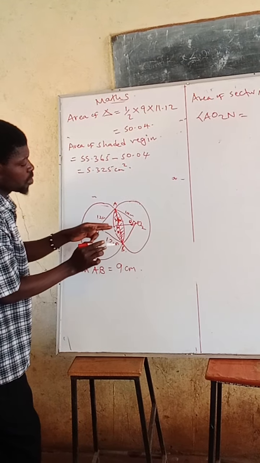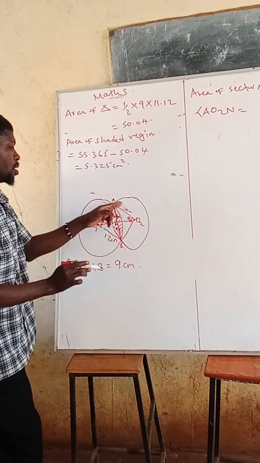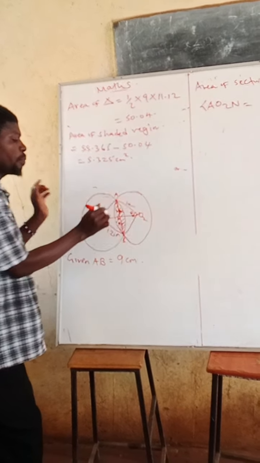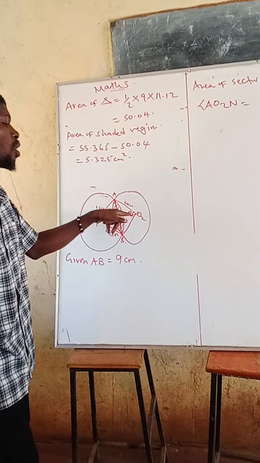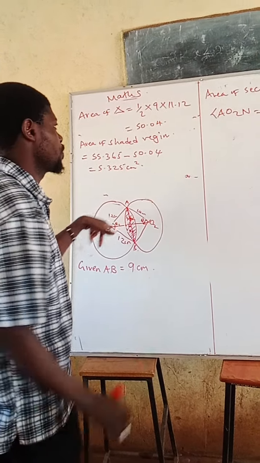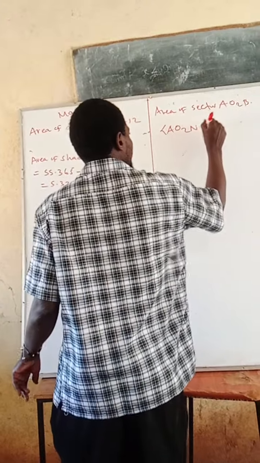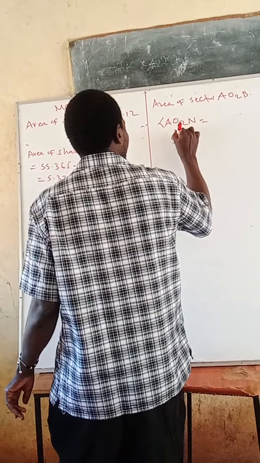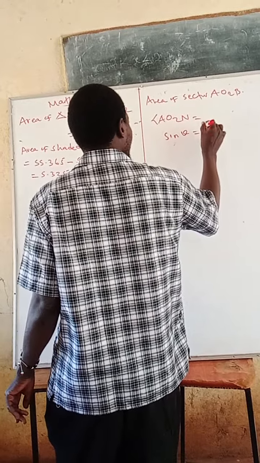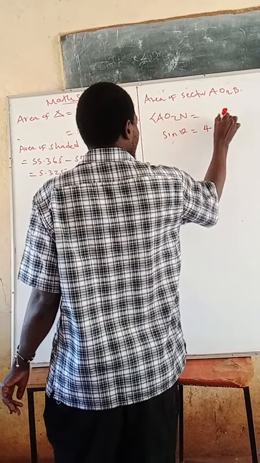Sine theta means opposite over hypotenuse. So the opposite of the angle, the second theta, is 4.5. Sine theta will be 4.5 divided by 10.